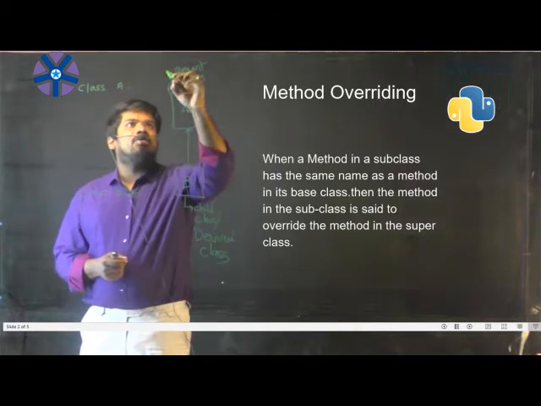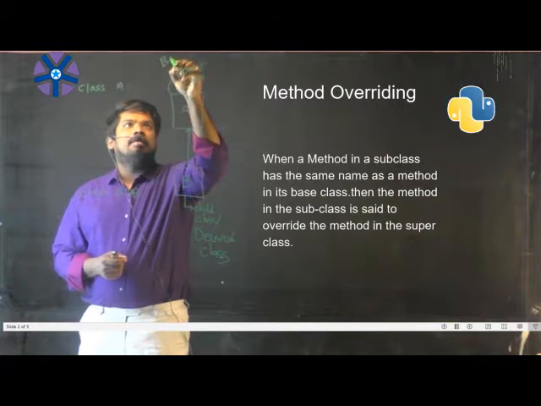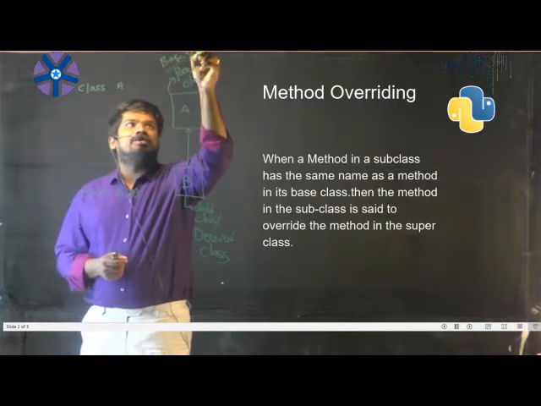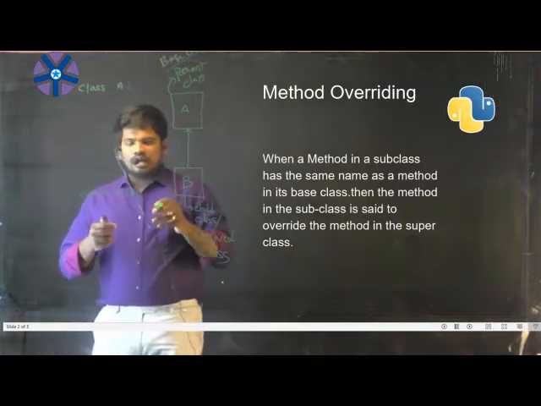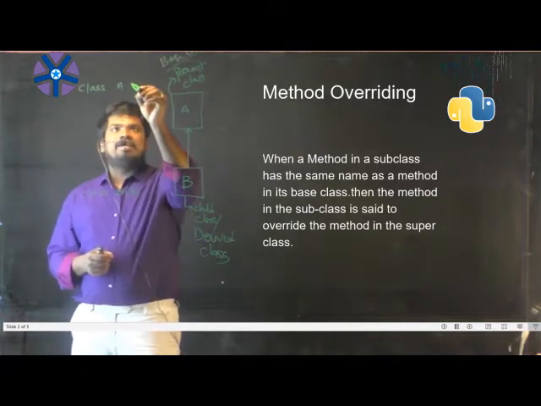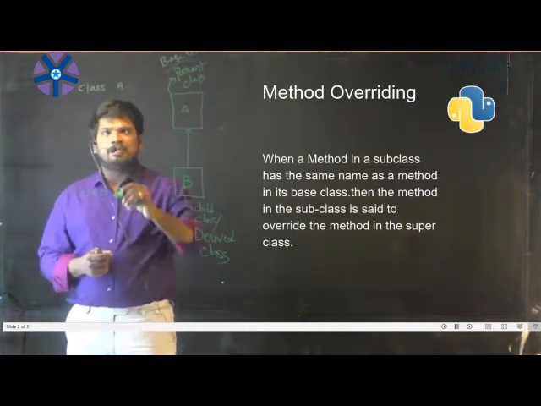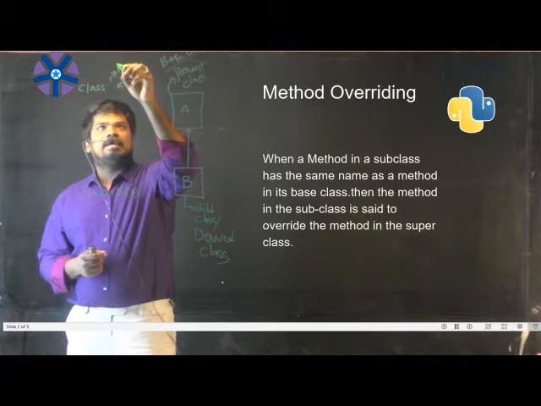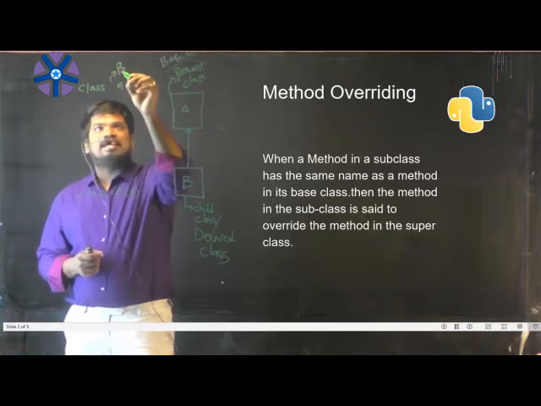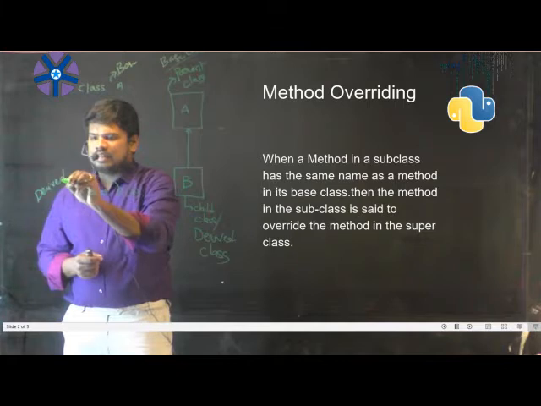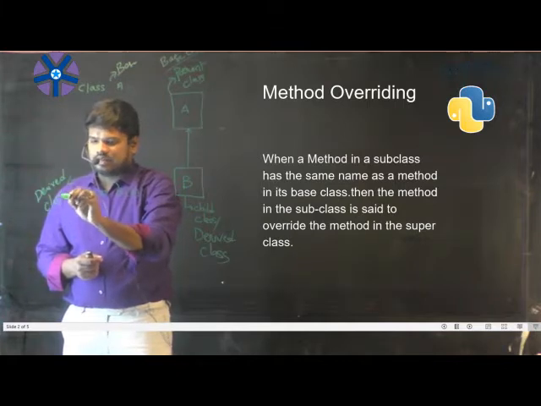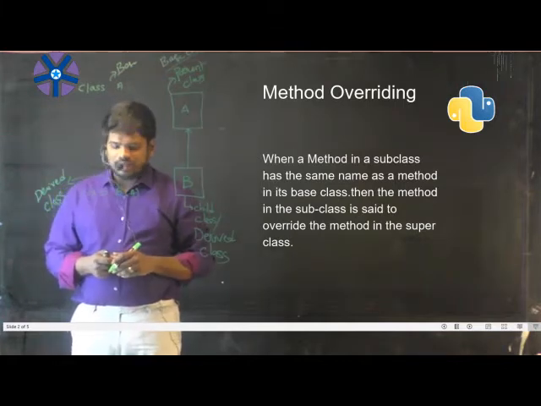I hope this is clear for you. Observe carefully, here I am having two classes, class A and class B. Here class A is the base class, and class B is the derived class.